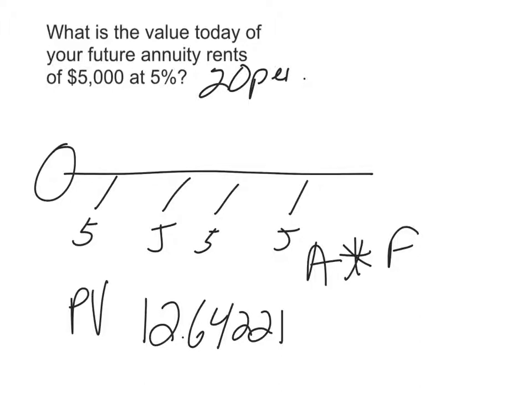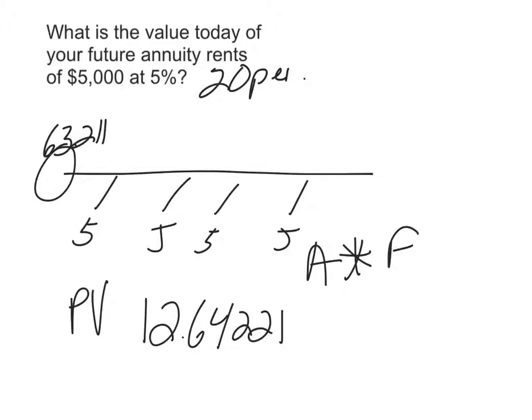You want to stop and think about that. We're saying we're going to have this $63,211 here. So $63,211 is going to be deposited in an account. It's going to grow at 5% interest.